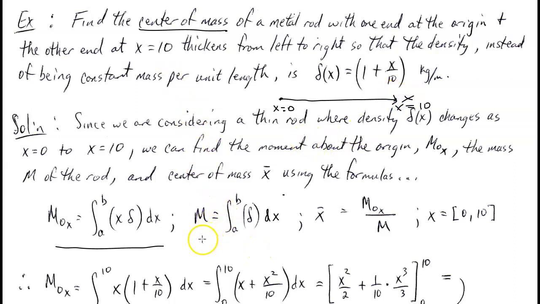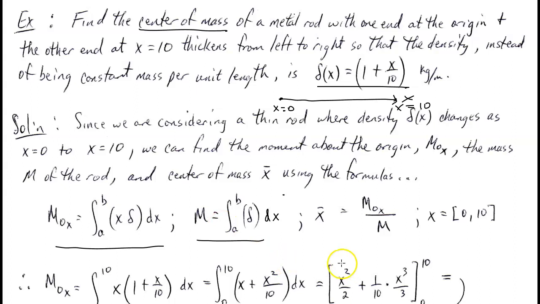And the system mass is just going to be the sum of all the densities from x equals 0 to x equals 10. And notice here that our density is defined as 1 plus 1/10 of x. So you see that it really does make sense for me to keep those little deltas in there because of the fact that it's not constant.